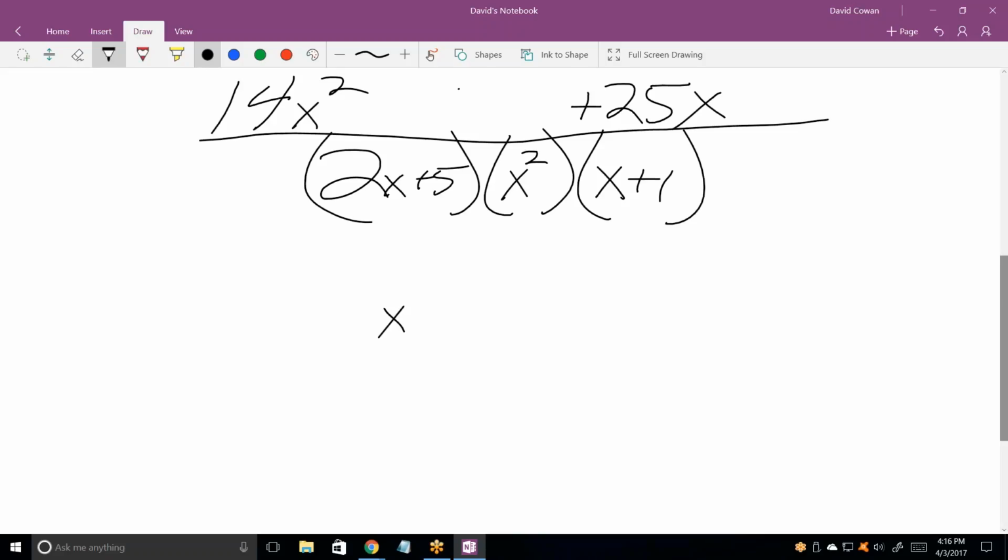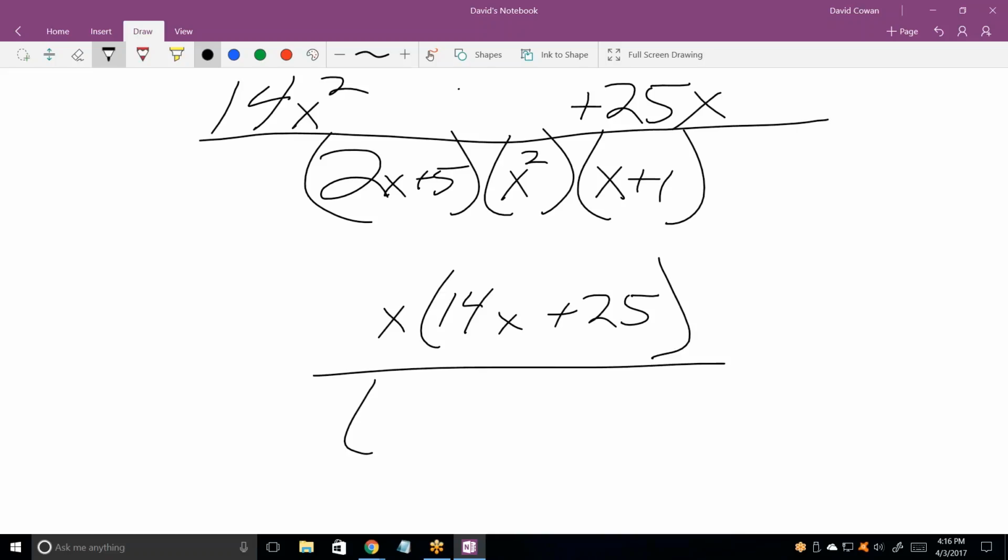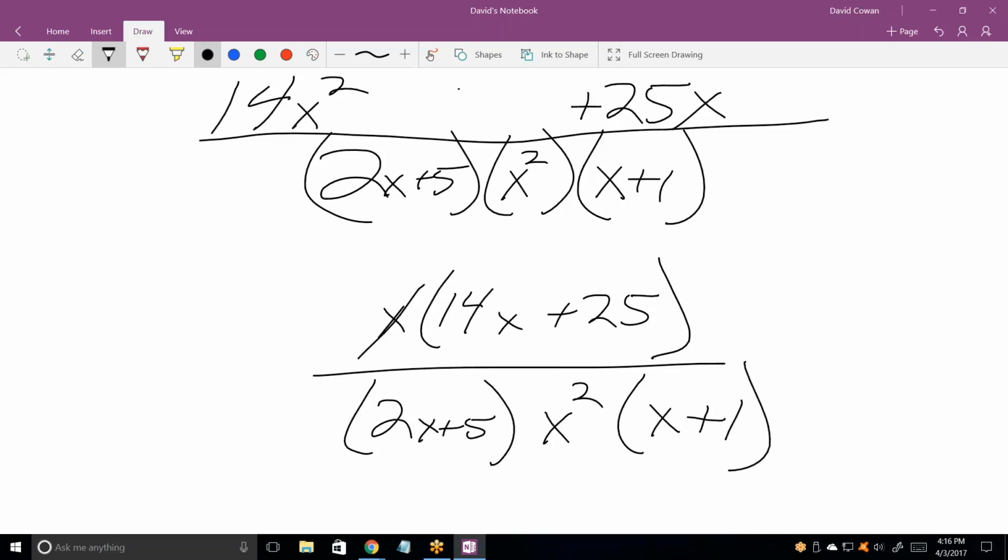Here's my new numerator. Here's my original denominator. But now I can cancel that x with that exponent.